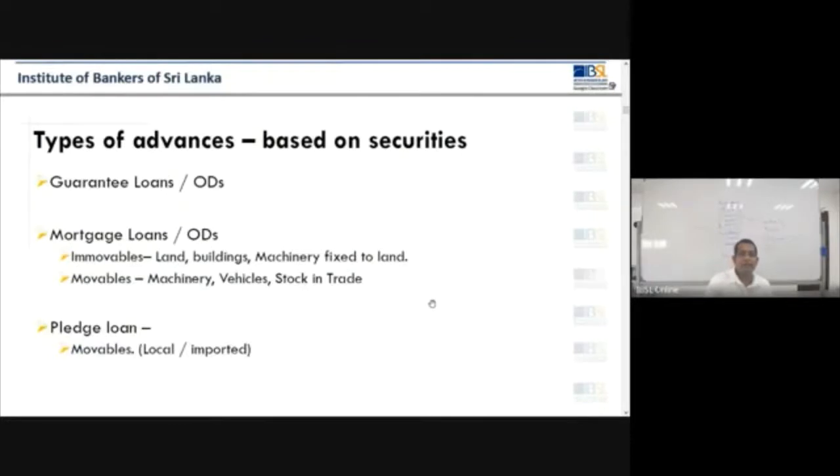Then types of advances based on securities. Guarantee loans. It can be a personal guarantee. When a person is guaranteeing someone, giving a guarantee to the bank, it is a personal guarantee. When a company, an incorporated company, is guaranteeing to a bank, it is a corporate guarantee.